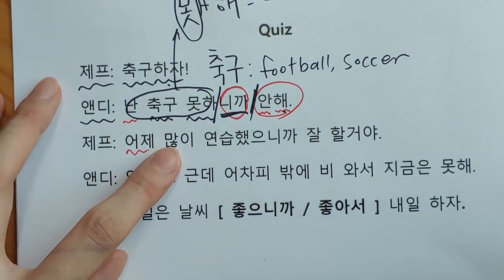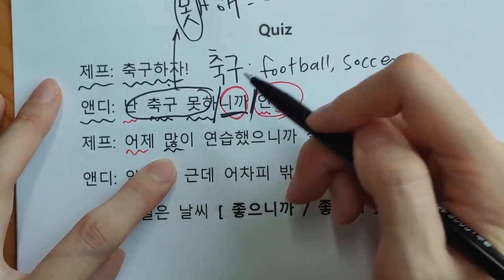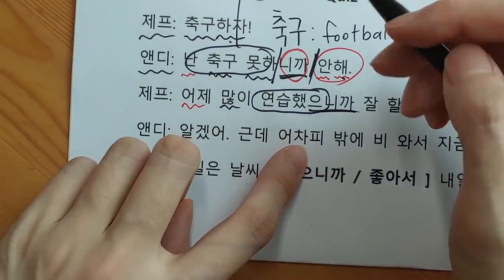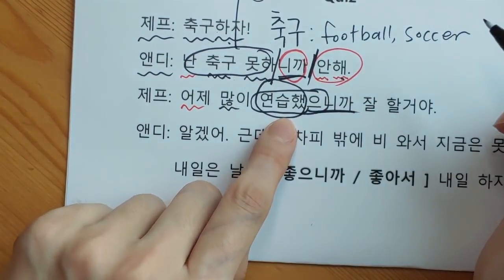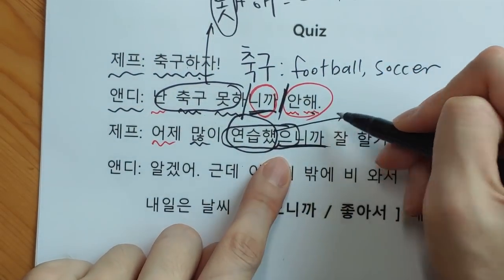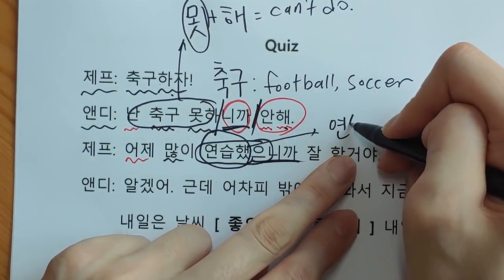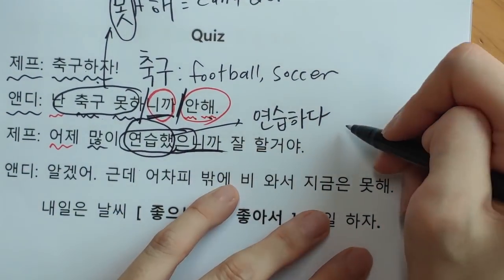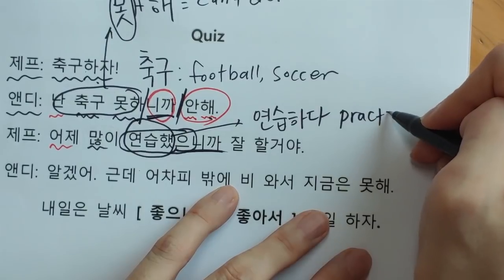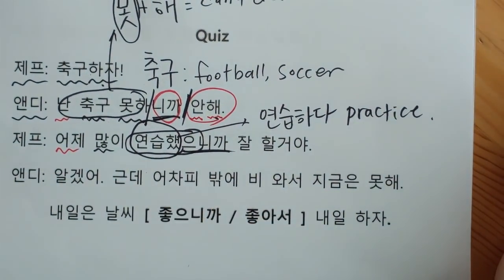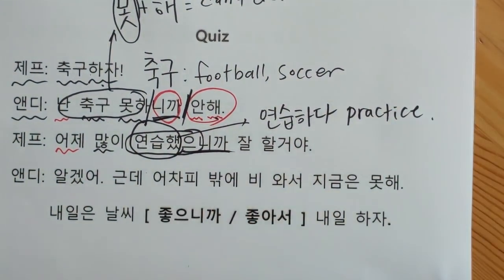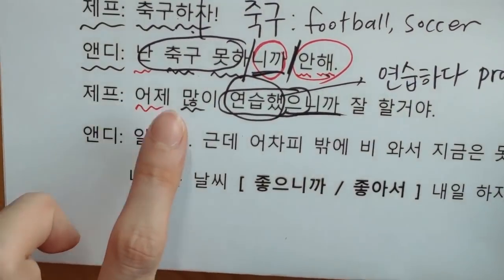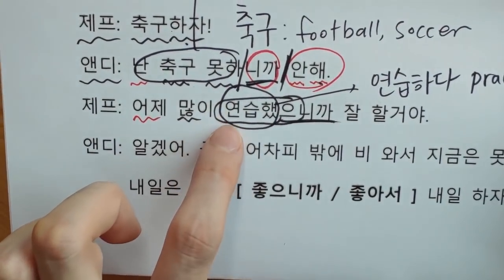어제, yesterday, 많이, a lot, 연습했으니까, 연습했 is obviously a past form, right? And 연습하다 means to practice. In Chinese, it's 练习. It kind of sounds similar. 연습하다. 어제 많이 연습했.